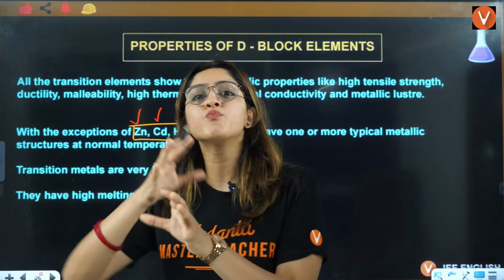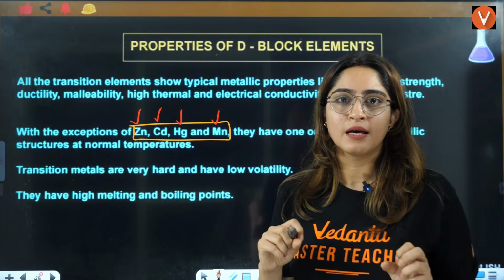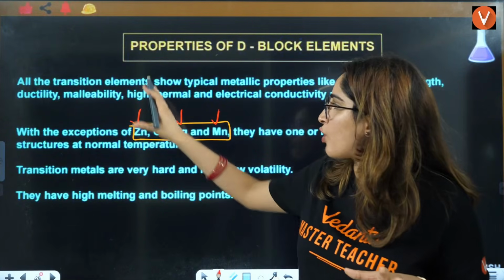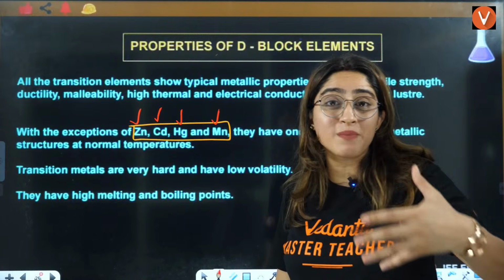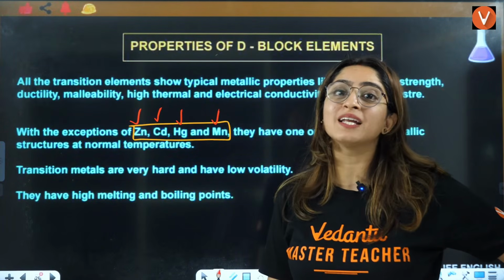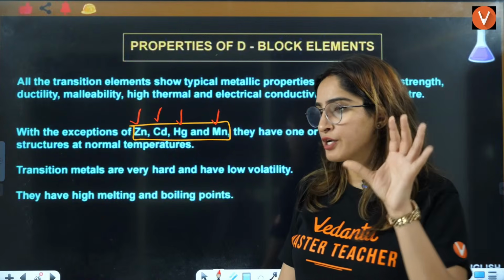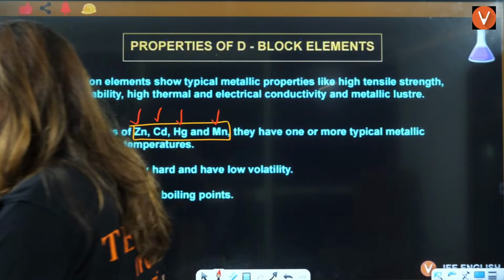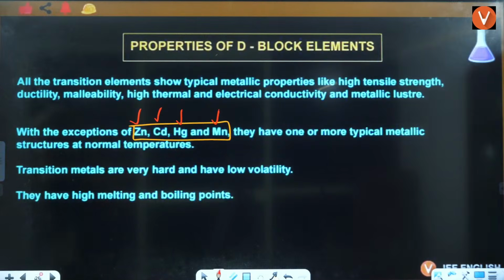That is the reason they are not following these proper metallic properties, because of their lattice structures. Understood this thing? Are you able to understand this table?